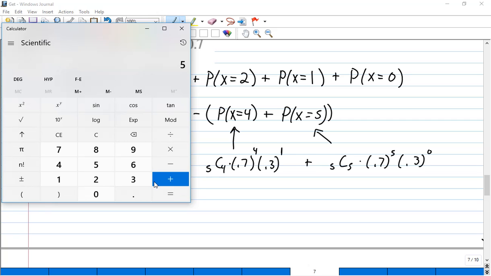If you do it in your calculator, you just get 5. So it's going to be 5 times 0.7 to the 4th power times 0.3 to the 1st power, or just 0.3. Alright, so that's 0.36015.